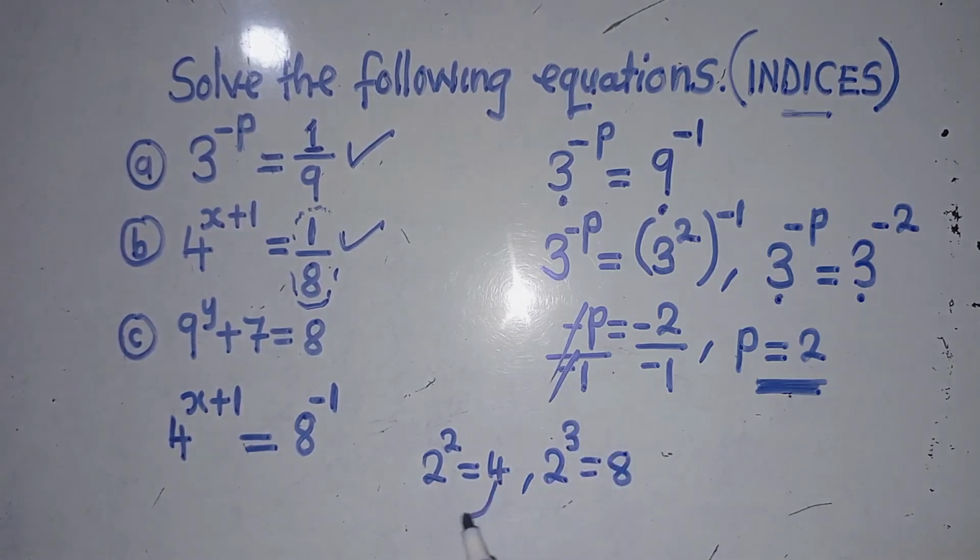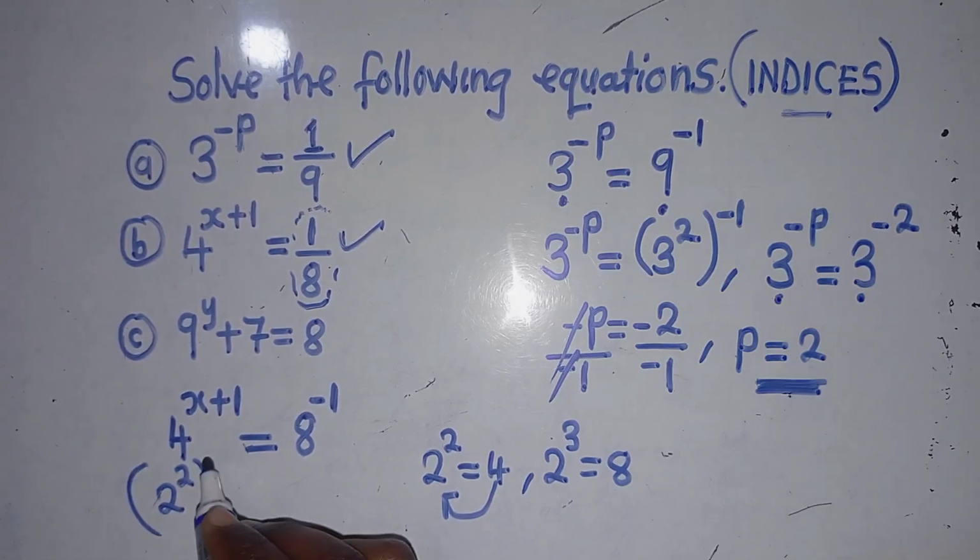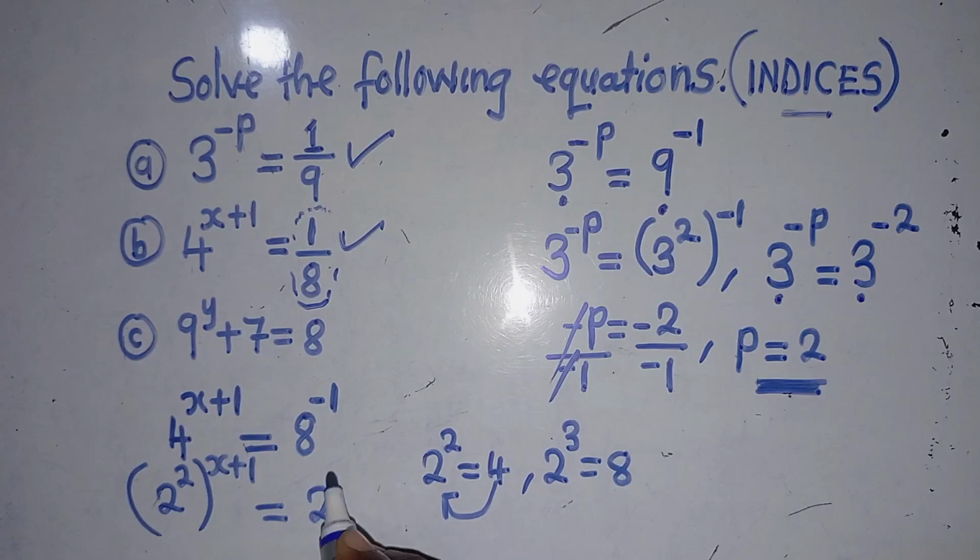Where there is 4, we put 2 to the power 2, with x plus 1 outside, which is equal to 2 to the power 3, then outside we have a negative 1. This is what you are supposed to do.